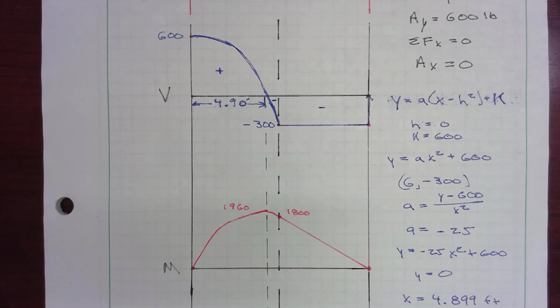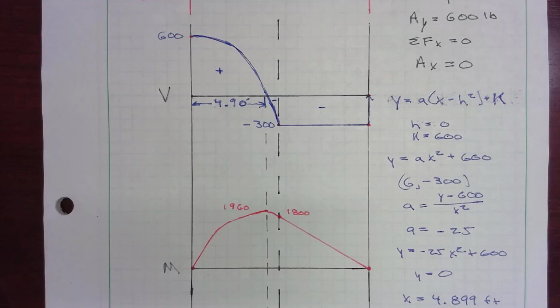Just looking above, it tells me that it is positive, but it is a high number, 600, so it's a steep curve to start with, and then the slope of that line approaches 0 and actually reaches 0 at a distance of 4.9. So it starts out fairly steep and then transitions to very flat at the very top, a distance of 4.9 over, and then it goes negative.